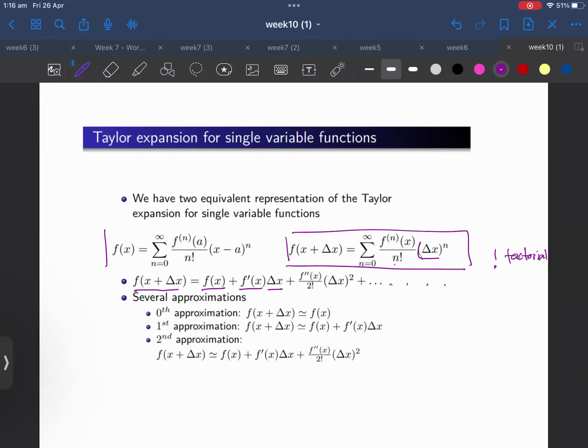The zeroth approximation is f of x plus delta x approximately f of x. The first approximation is f of x plus delta x approximately f of x plus f prime of x delta x. The second approximation similarly is f of x plus f prime of x delta x plus f double prime of x over 2 factorial times delta x squared.